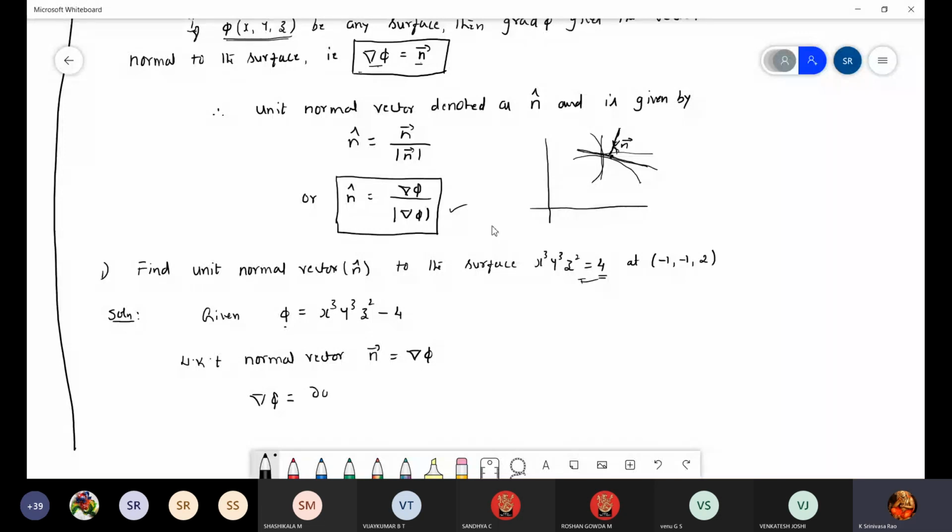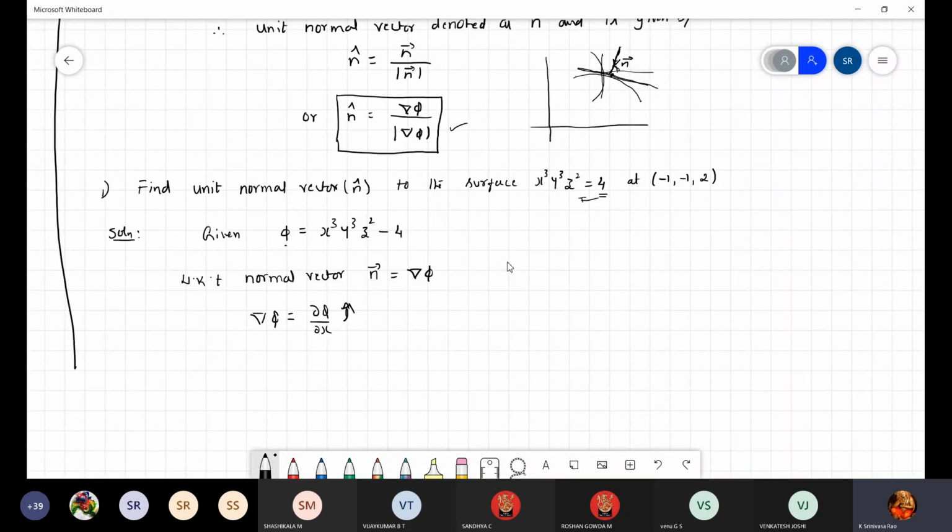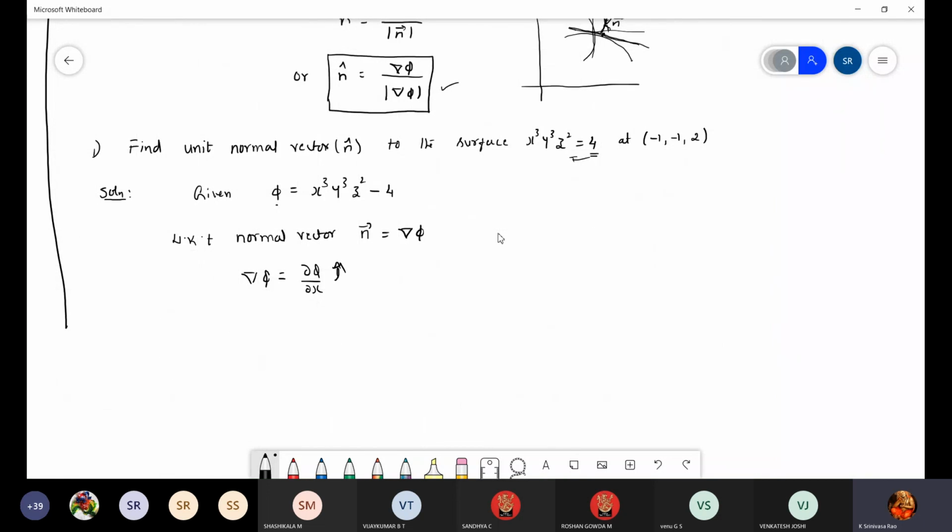Grad phi equals dou phi by dou x i cap. Write the formula. Especially in mathematics, whatever the concept, if you write the general formula, you will get 1 mark for every concept. Dou phi by dou x i cap plus dou phi by dou y j cap plus dou phi by dou z k cap.